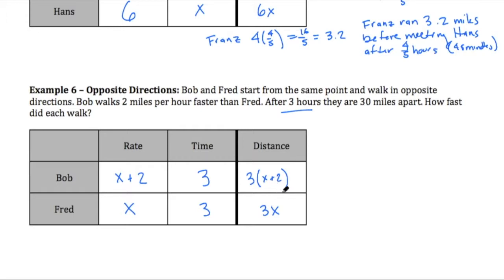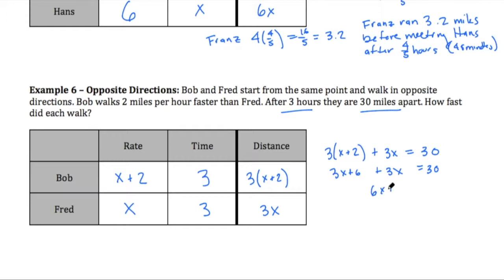Well, we know that those distances that they each walked will lead to them being 30 miles apart. So 3 times x plus 2, Bob's distance, plus 3 times x, Fred's distance, must now be a total of 30 miles apart. So we can solve this. We can distribute: 3x plus 6 plus 3x equals 30.